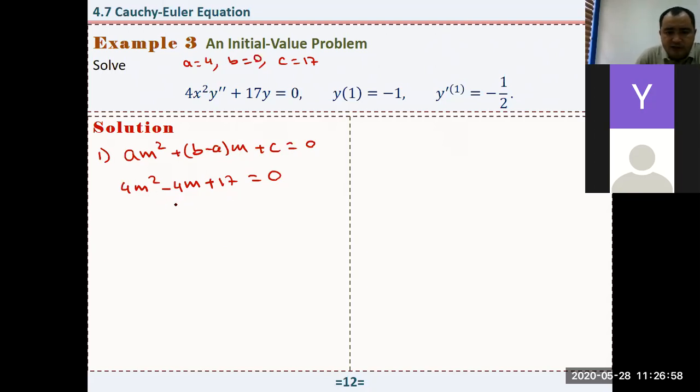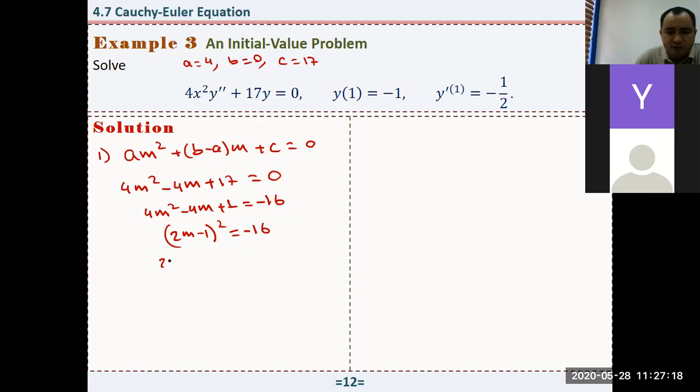Here I can just solve this as 4m² − 4m + 1 is equal to −16, right? And this thing is (2m − 1)² = −16, right?